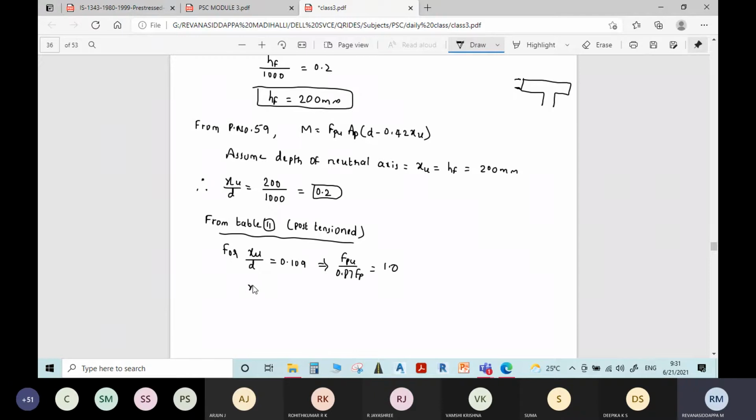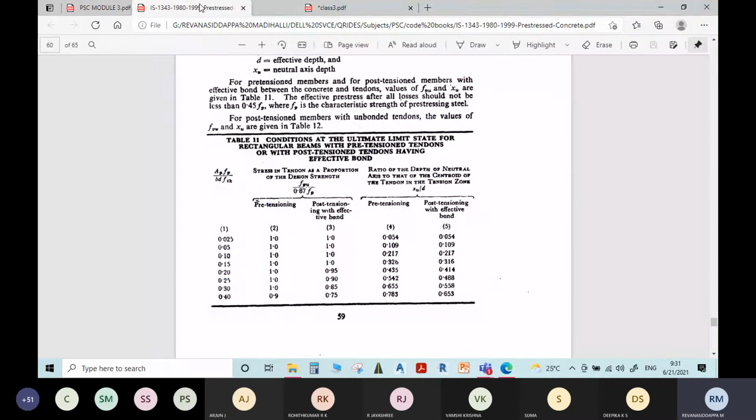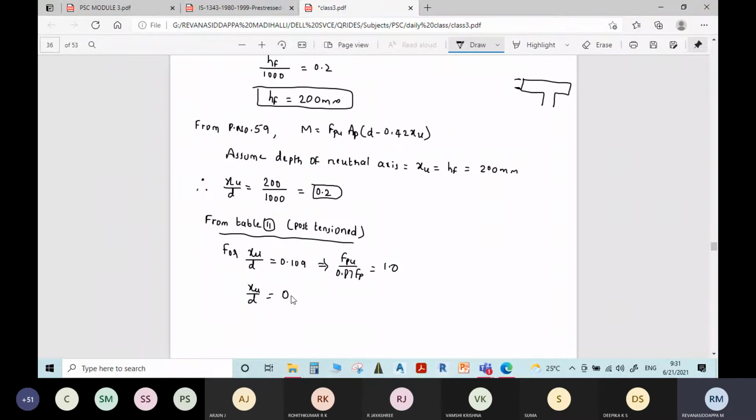Similarly for XU by D equal to 0.217, FPU divided by 0.87 FP is equal to 1.0.